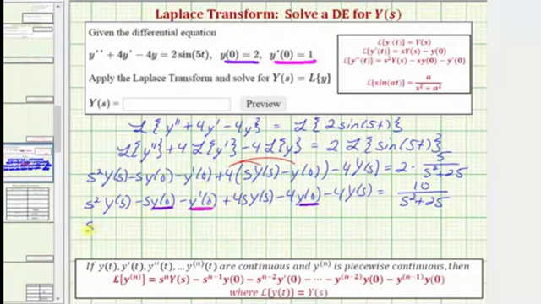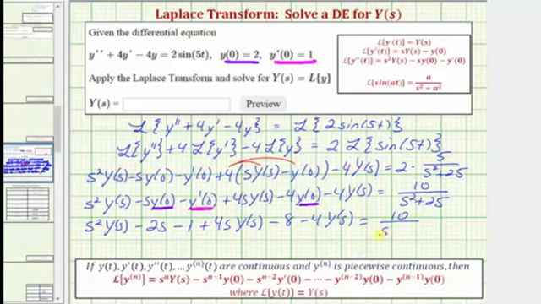So this will give us s squared times big Y of s, and then we'd have minus s times 2, that'd be minus 2s, minus y prime of 0, which would be minus 1, plus 4s times big Y of s, and then we have minus 4 times y of 0. Y of 0 is 2, so we have minus 4 times 2 or minus 8. Minus 4 times big Y of s equals 10 divided by the quantity s squared plus 25.